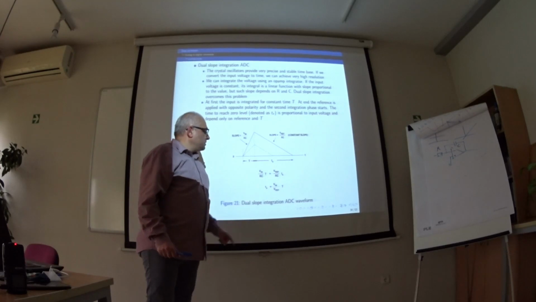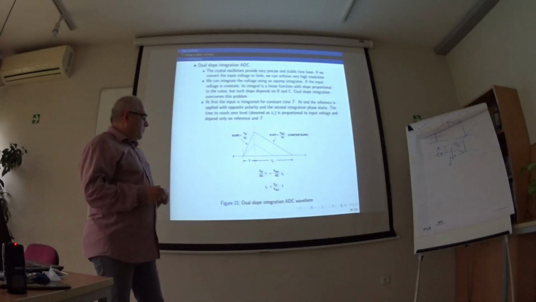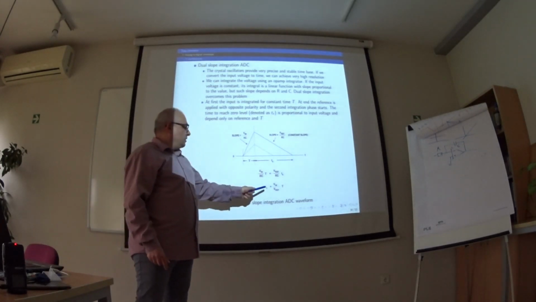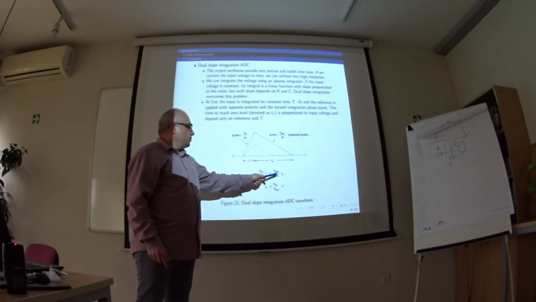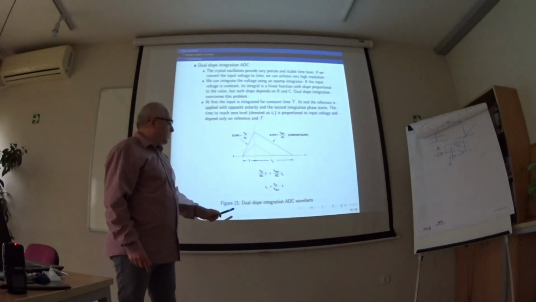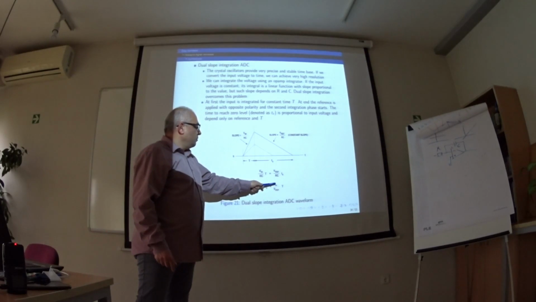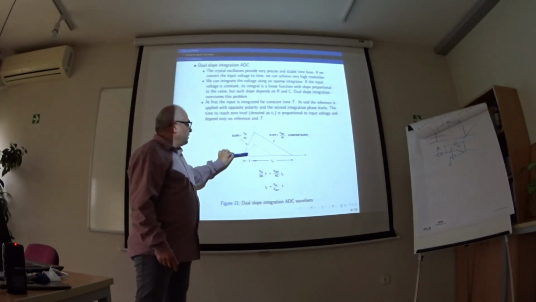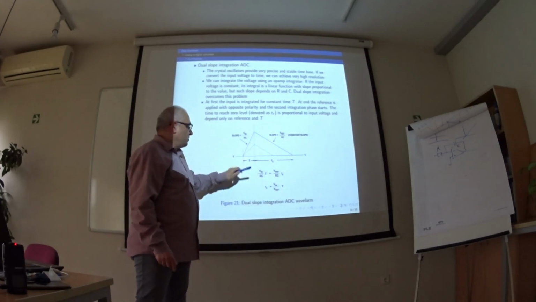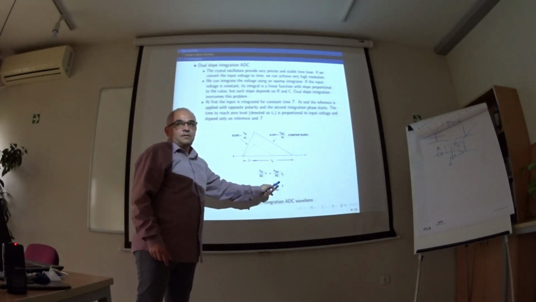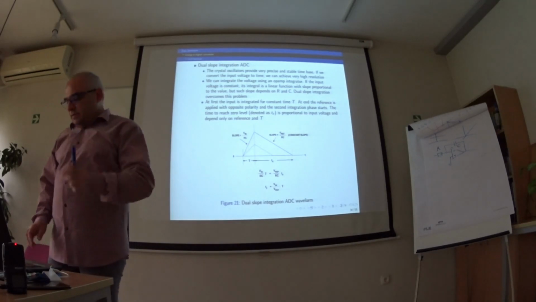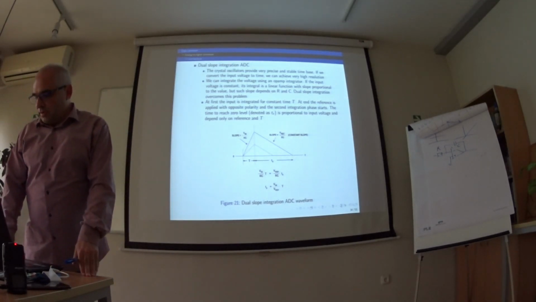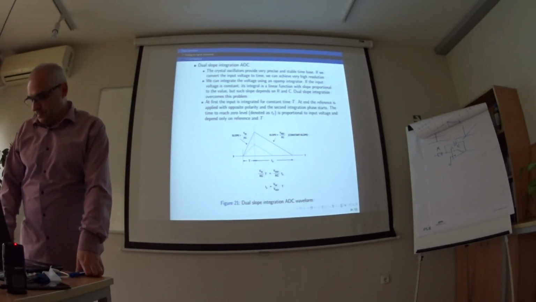When we express it, we can see that we are not dependent on the resistor and capacitor anymore. We are only dependent on the input voltage, the reference voltage, and the first interval of integration, which is very, very exact. This is the idea of dual slope analog to digital converters.